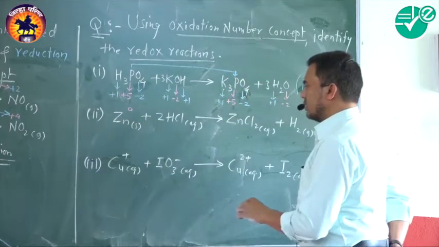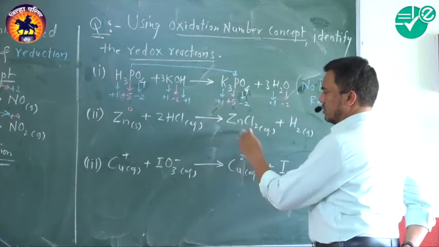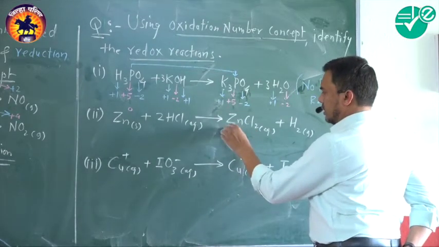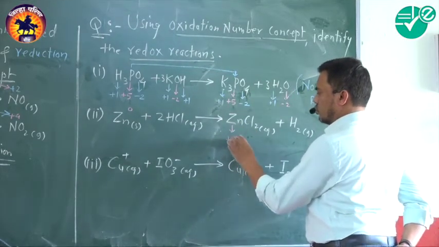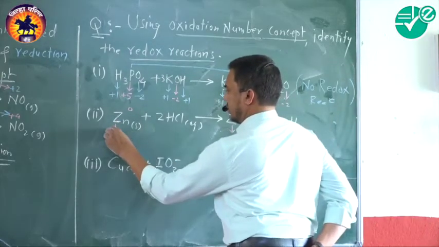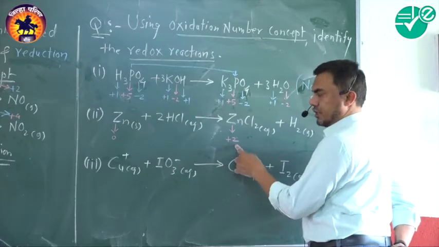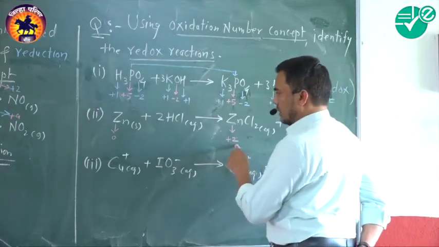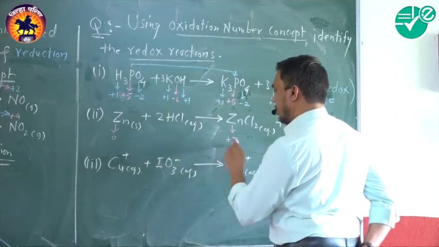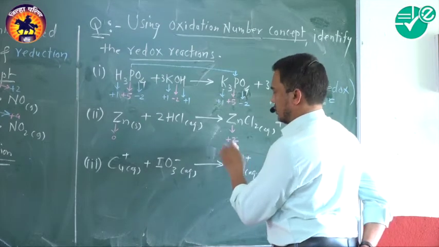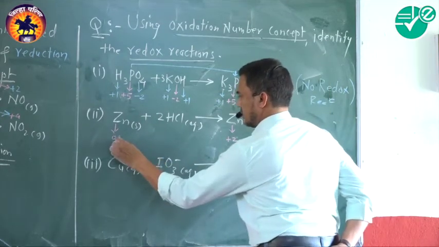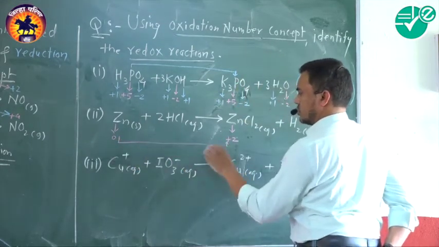Now this zinc changed to zinc chloride, so its oxidation number is +2. Here the oxidation number is 0, so from 0 to +2 it changes. So we call the oxidation number increased. Therefore this process we call an oxidation reaction.